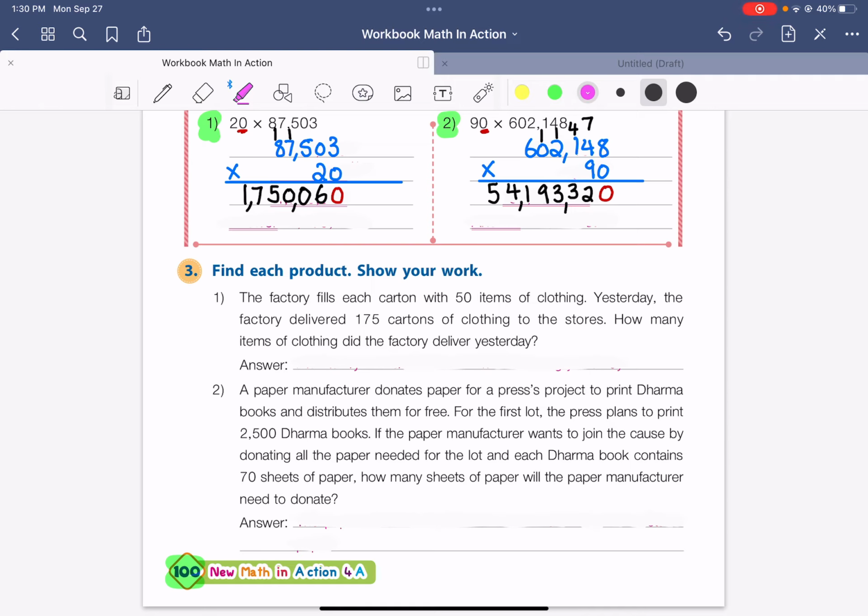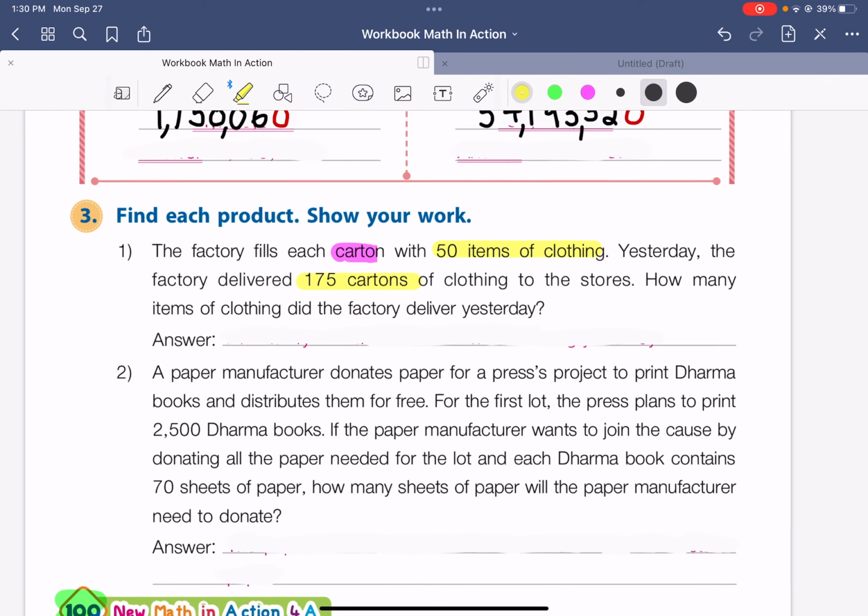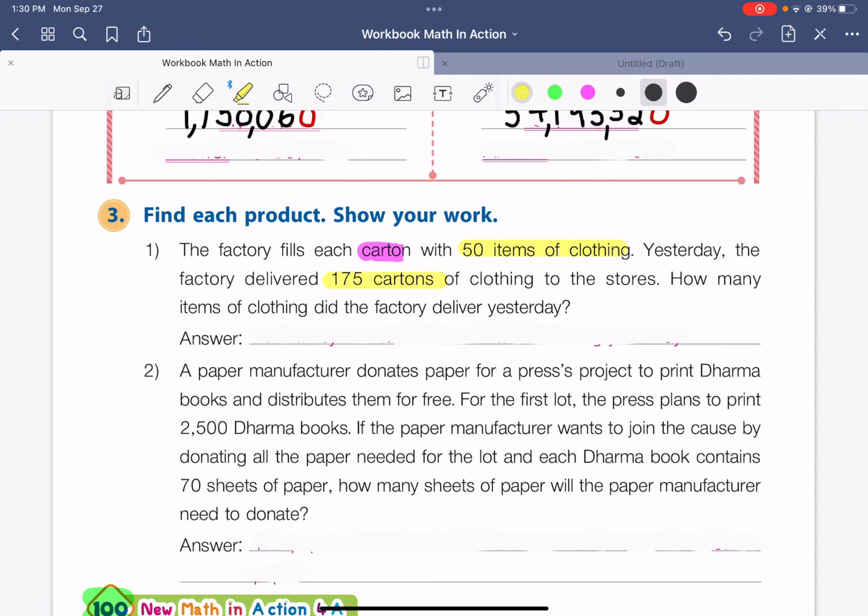A carton is like a box, right? So each carton has 50 items of clothing, and they delivered 175 cartons of clothing. And the question says, how many items of clothing did the factory deliver yesterday?